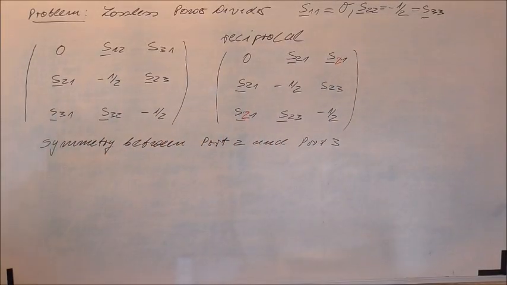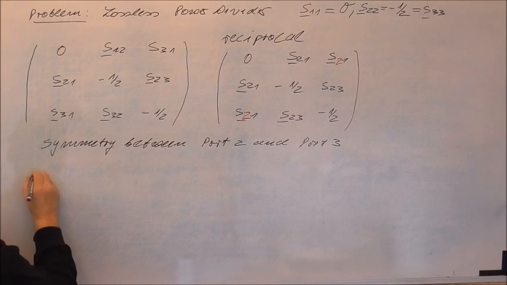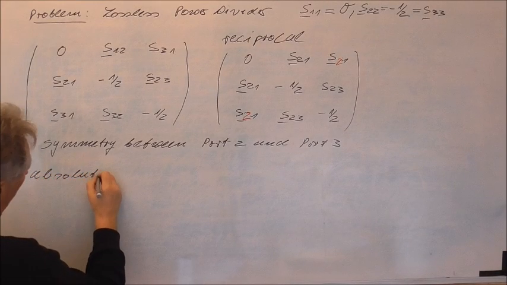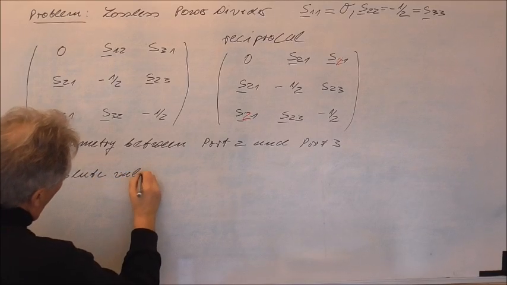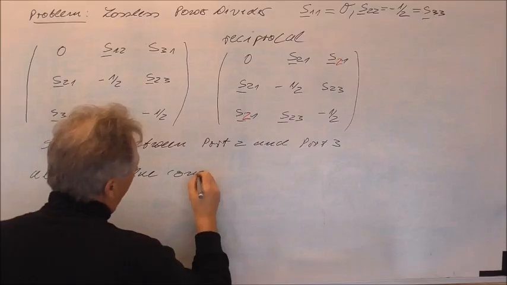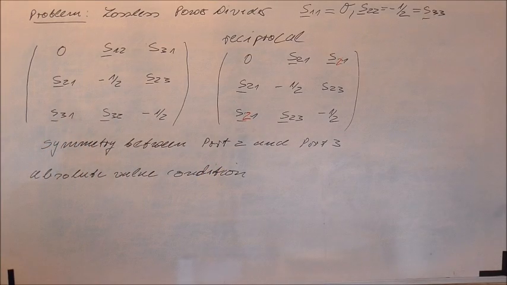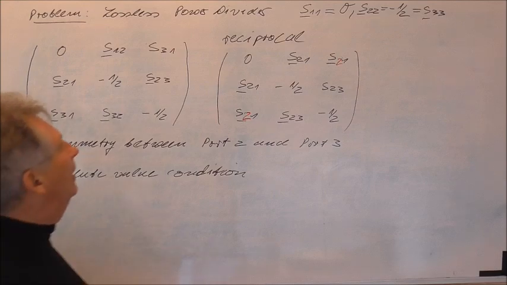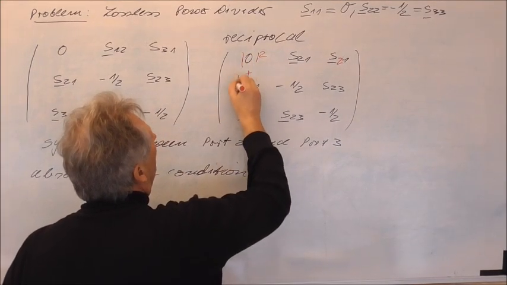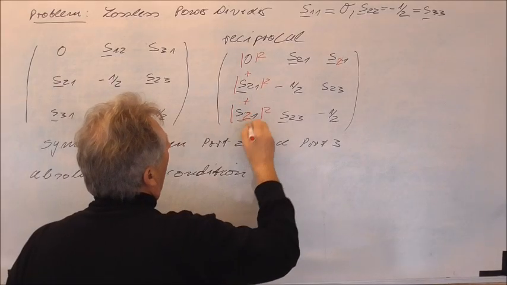So now we can set up the absolute value condition. Of course, in principle we have to take the absolute value of this plus the absolute value of this plus the absolute value of this.